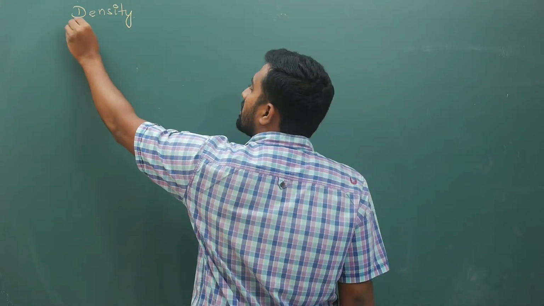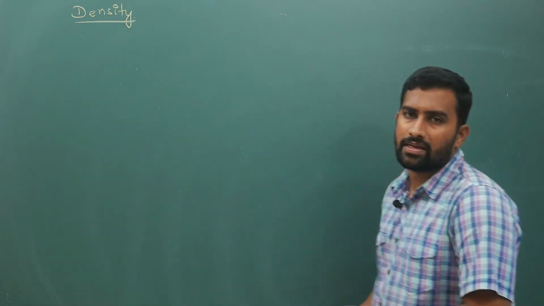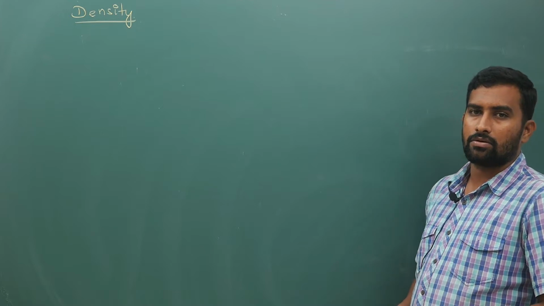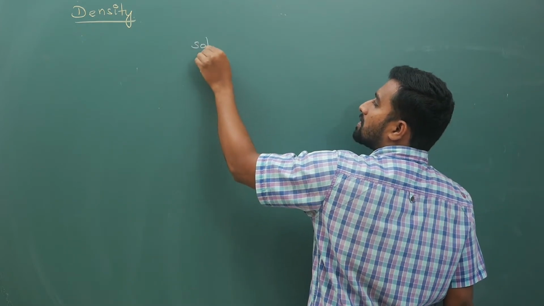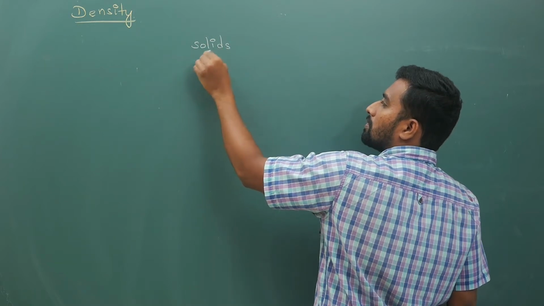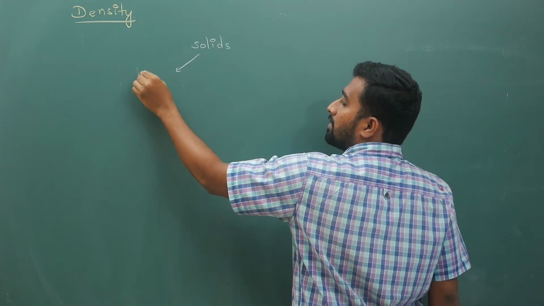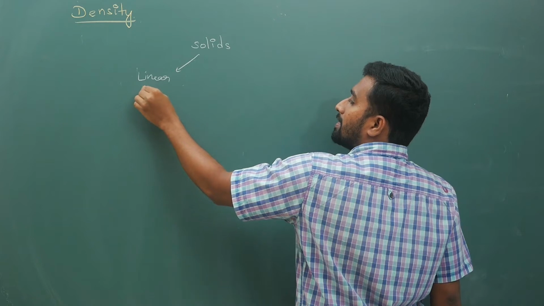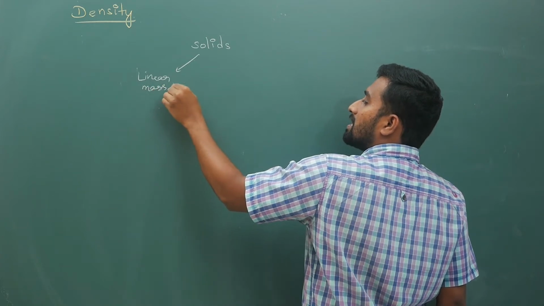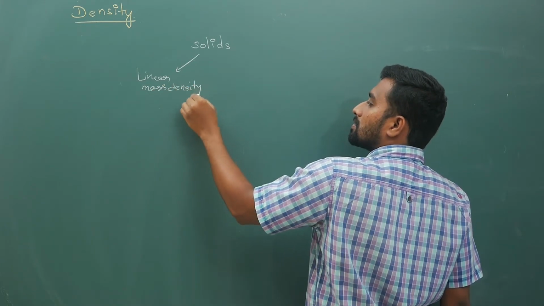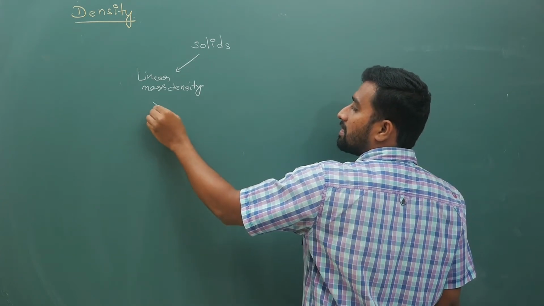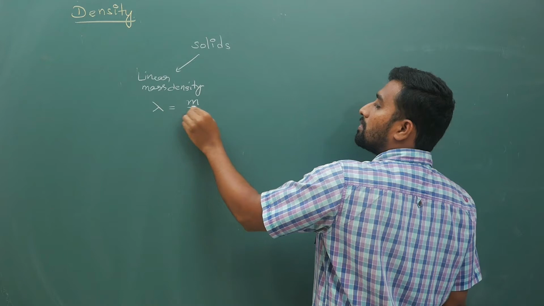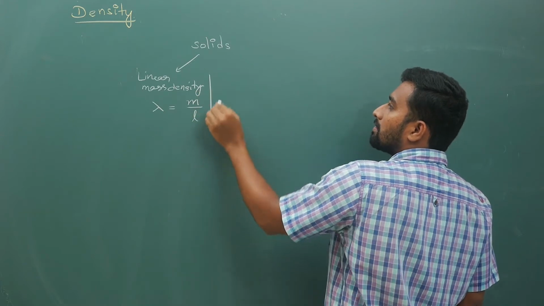In density there are a lot of types of densities. In general for solids, we will define linear mass density, which you will study in center of mass and moment of inertia. Lambda is equal to mass by length.